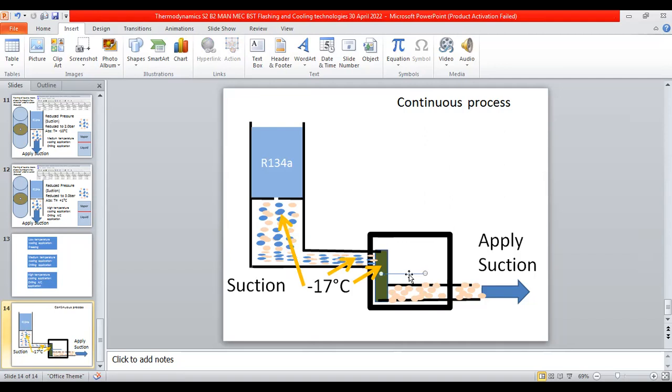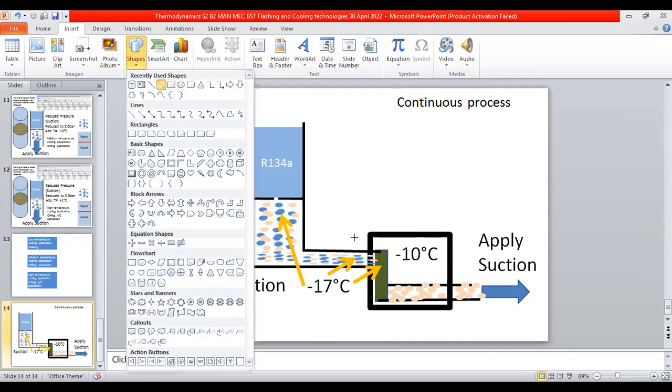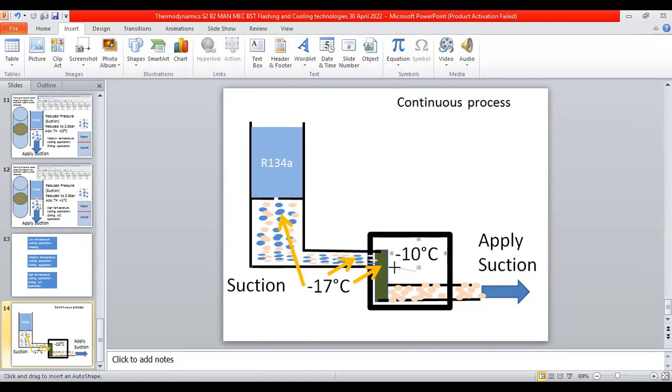And inside here, in this application, this cabin may be at minus 10. So minus 10, minus 17, you can see heat transfers from the cabin to here. Heat transfer.